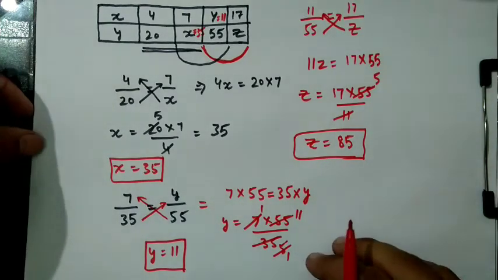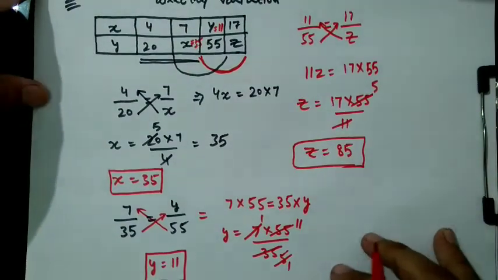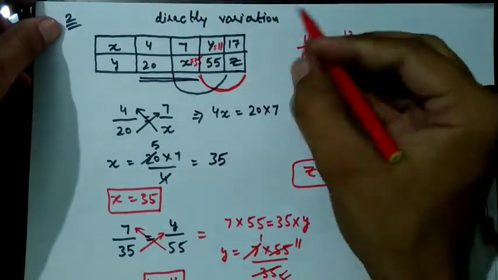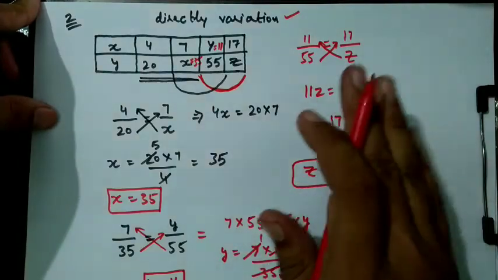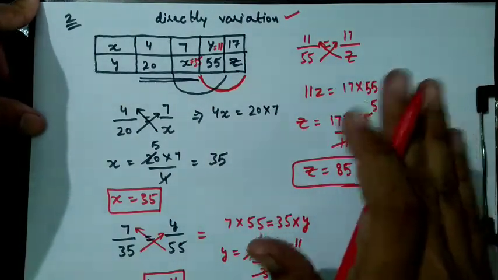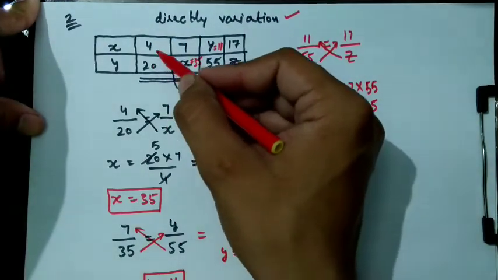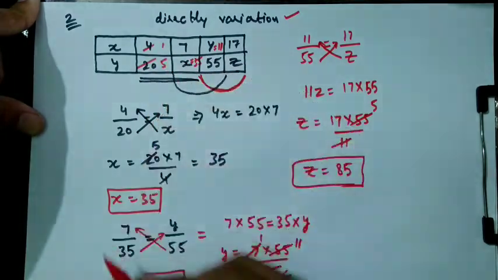Now in the question, they are saying that this is the direct proportion, this is the direct variation; in the starting they are saying if this is a direct variation. So we have found all the answers, but I want you to know one thing more: if you divide 4 by 20 you will get a ratio 1/5.